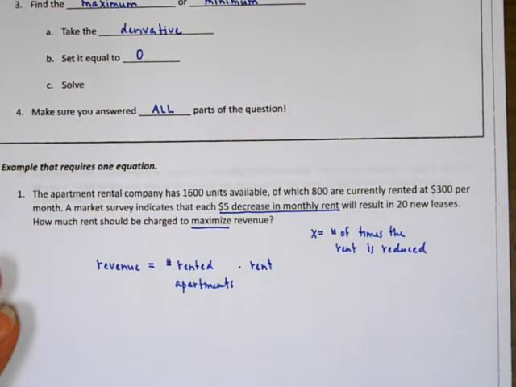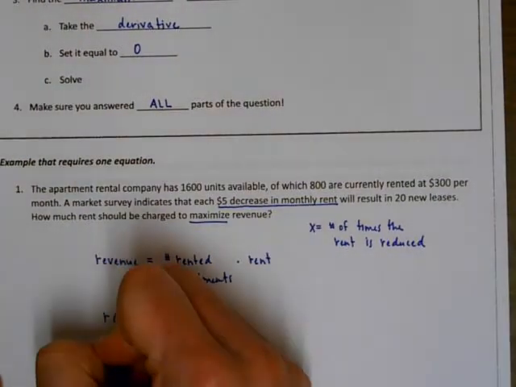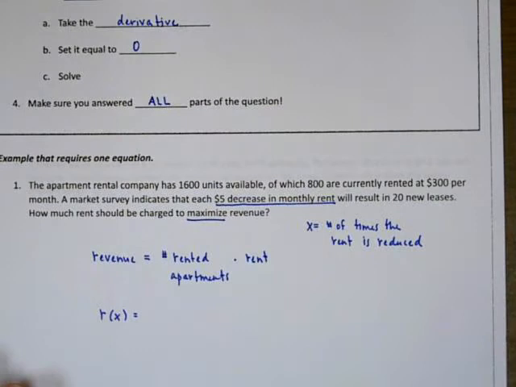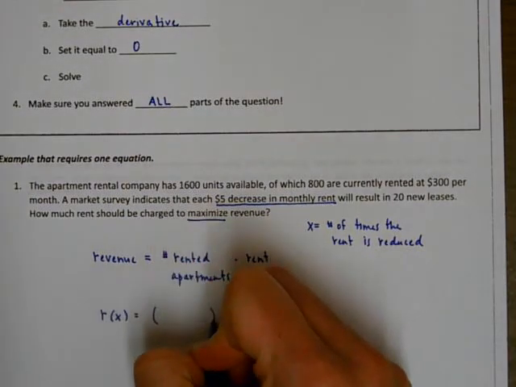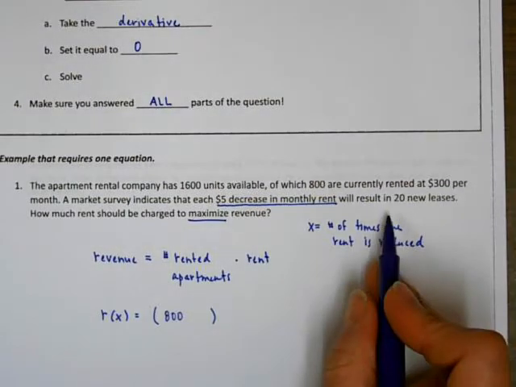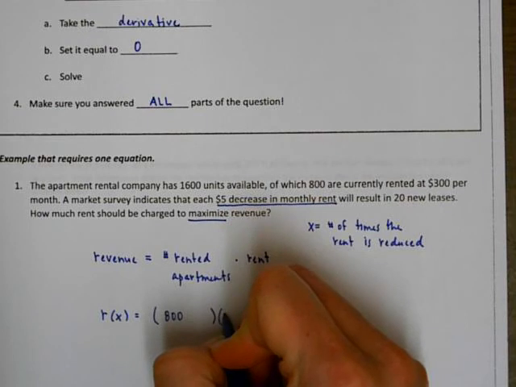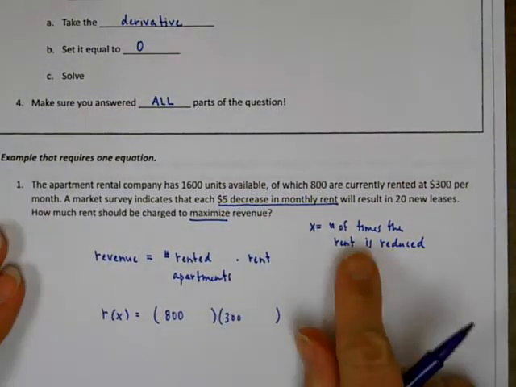All right, so let's look at our setup here. I'm going to call my function r, and it's going to depend on x. So we know our base number of rented apartments is going to be 800, and our base rent is going to be $300. And so now our question is how to incorporate this x.